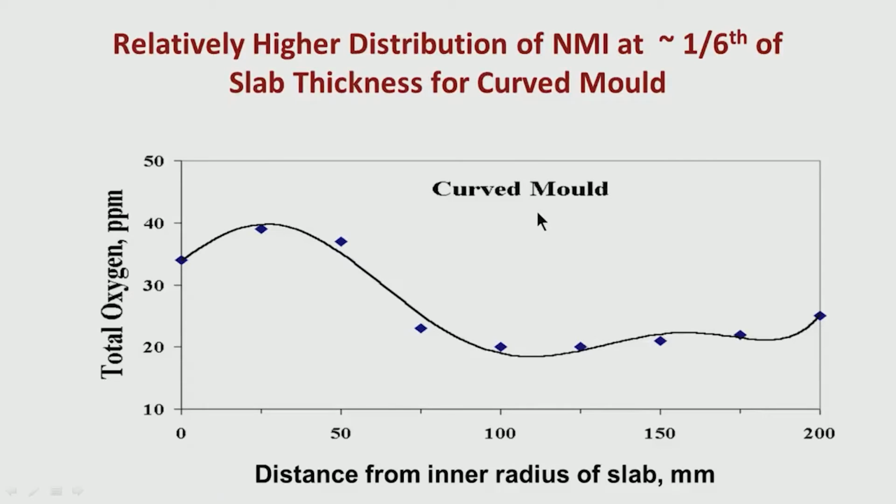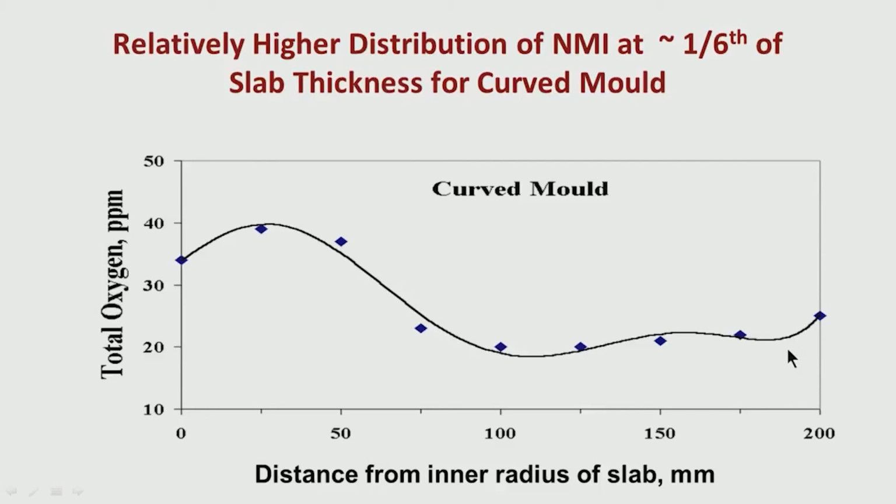So in a curved mold, again total oxygen we have measured, we find that at 1/6 of the slab thickness, say 200 millimeters, somewhere here, the total inclusion level is quite high. This is the inner surface, near the inner radius. So in this area there is a higher amount of oxide inclusions. That is why the total oxygen is more compared to the other portions of the thickness.